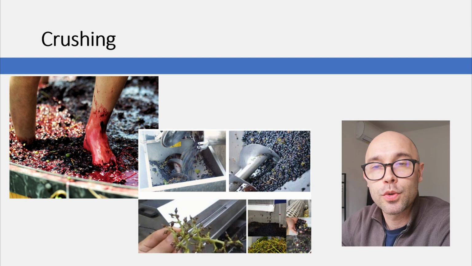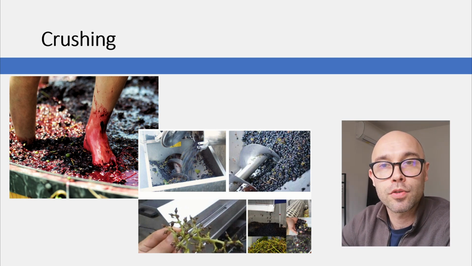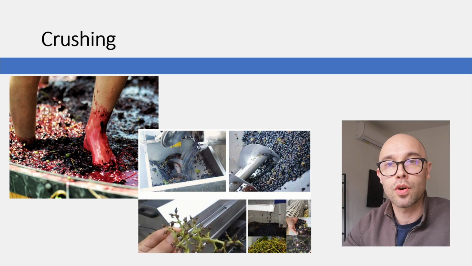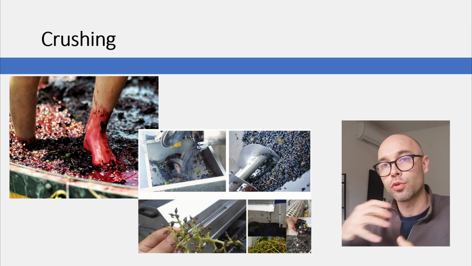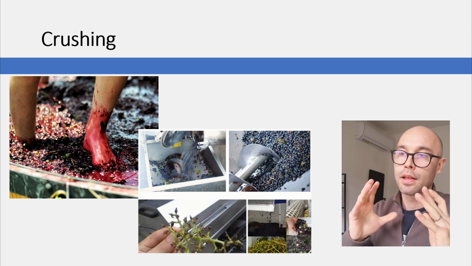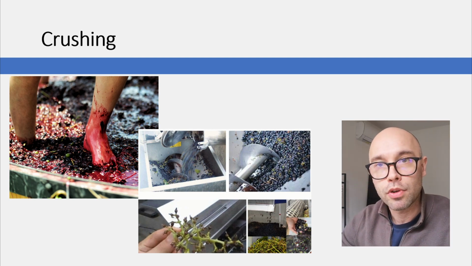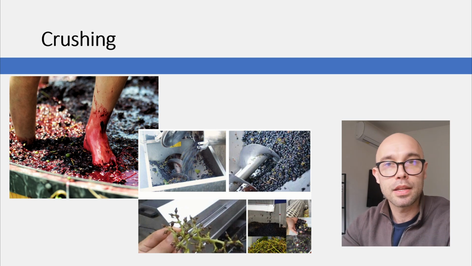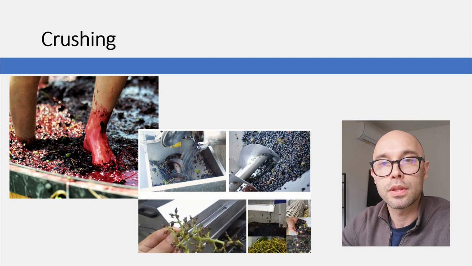The first term that you need to know and understand is crushing. Crushing is the process of crushing the grapes in order to release the juice that is inside the grapes. There's few ways that you can crush the grapes. Back in the days, this was done in a manual way with feet.